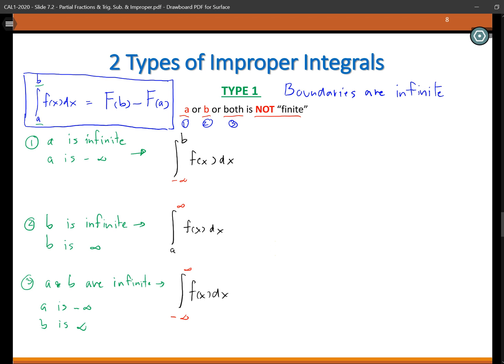Alright, and looking at these scenarios, they can be problems when we try to use this formula to perform the calculations. The reason for these problems is because in order to use this formula, we have to evaluate this antiderivative at b, right here, and at a. F has to be evaluated at the boundaries.